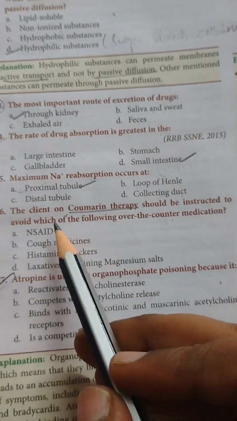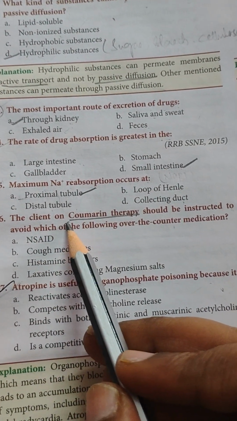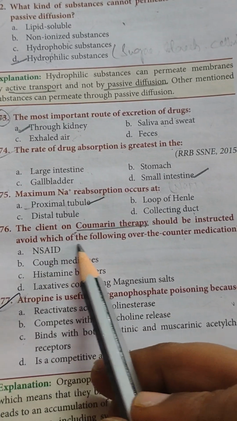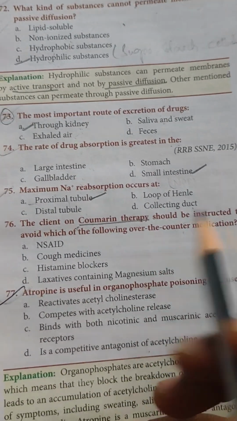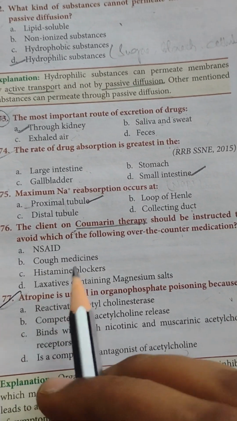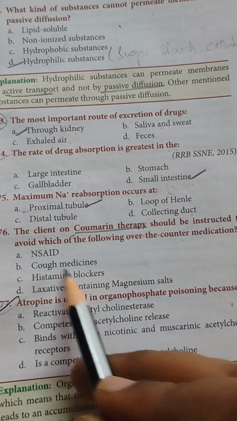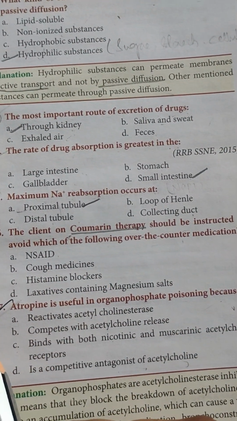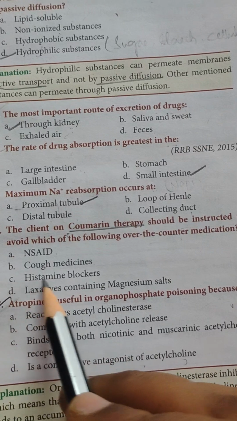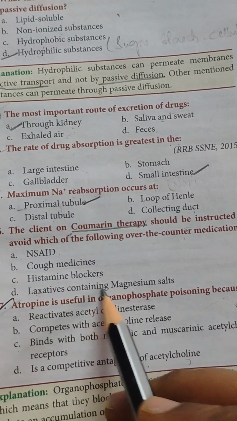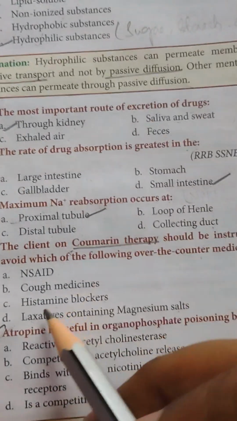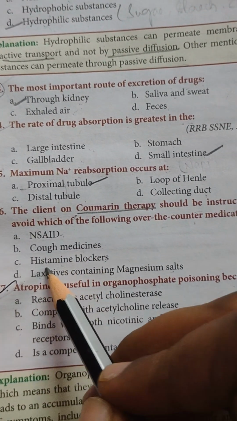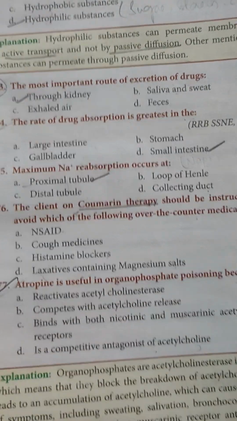The next one. The client on coumarin therapy should be instructed to avoid which of the following over-the-counter medications? NSAIDs, cough medicines, histamine blockers, laxatives containing magnesium salt.